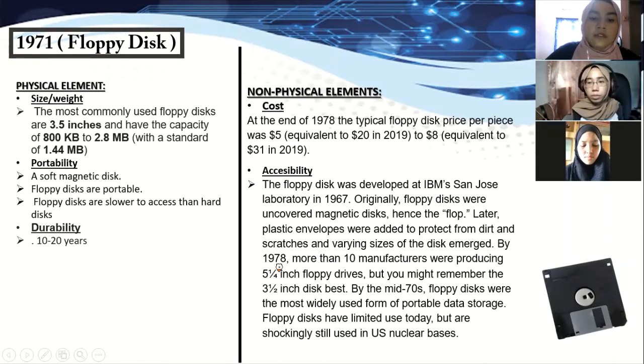By 1978, more than 10 manufacturers were producing 5 1/4 inch floppy drives, but you might remember the 3 1/2 inch disc as well. By the mid-70s, floppy disks were the most widely used form of portable data storage. Floppy disks have limited use today, but are shockingly still used in US nuclear bases.